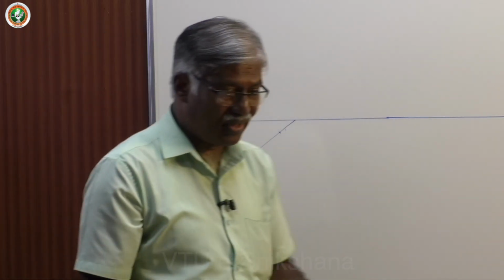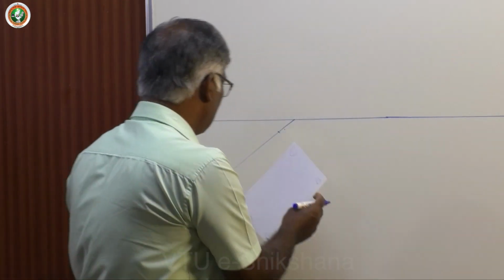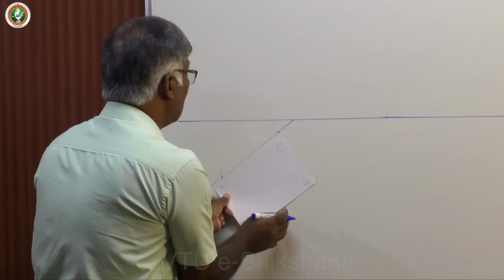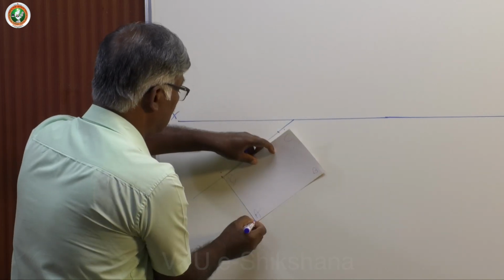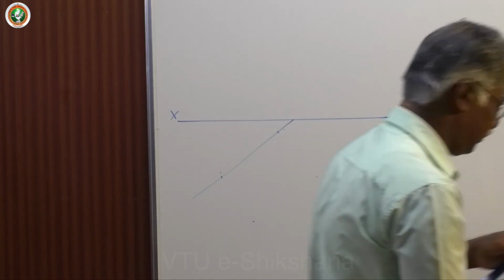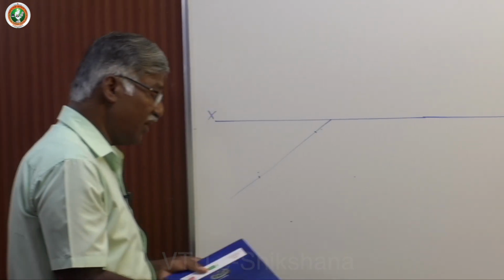So let me draw that. You know how to draw the rectangle. In one go you can make it dark in case of projection of solids.